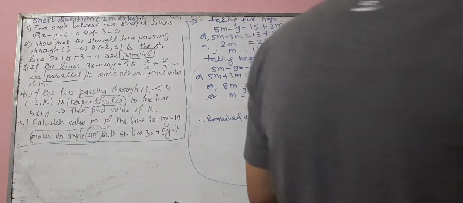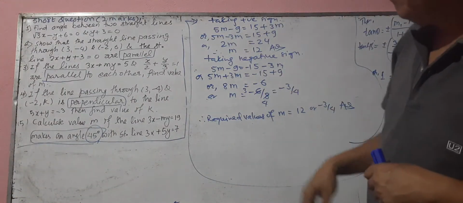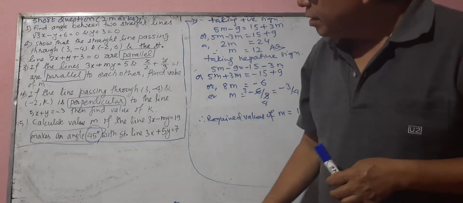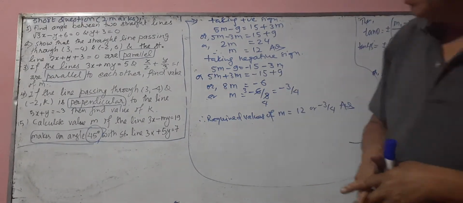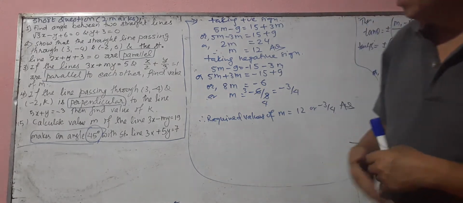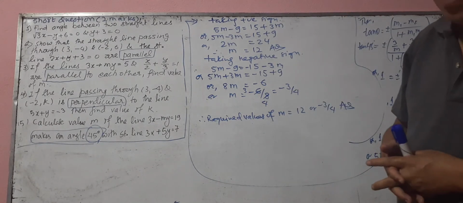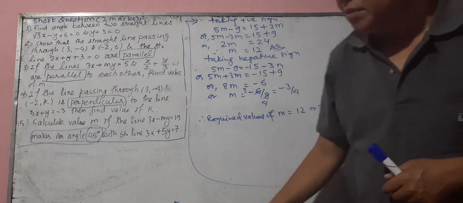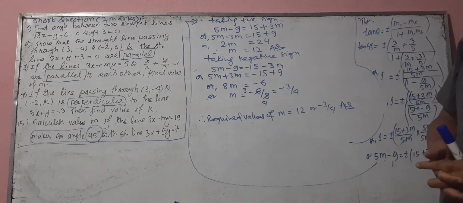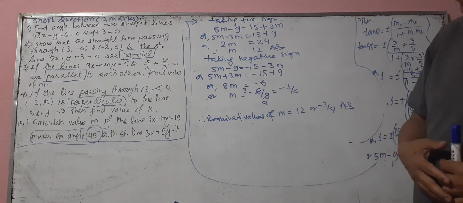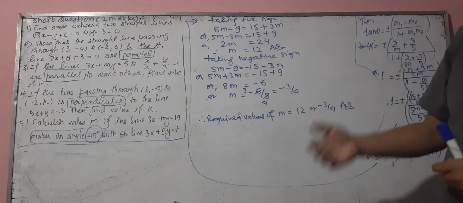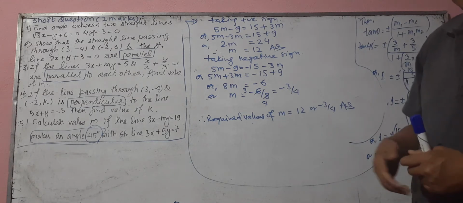In this way, we have solved 5 questions of the straight line, of the coordinate geometry, of additional mathematics. In coordinate geometry, there are 4 chapters. One of them is conic section, which is a new chapter, and 3 main chapters are angle between straight lines, pair of straight lines, and the circle.